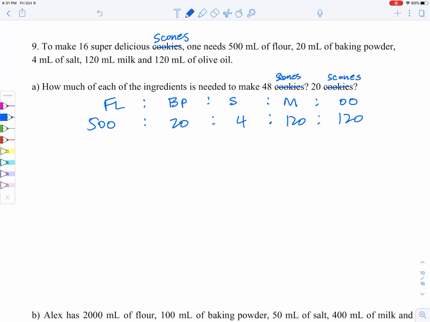This makes 16. So to make 16, that would be what we need. But now we want to make 48.